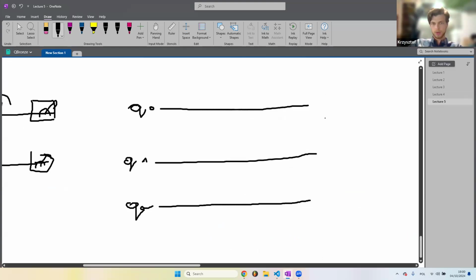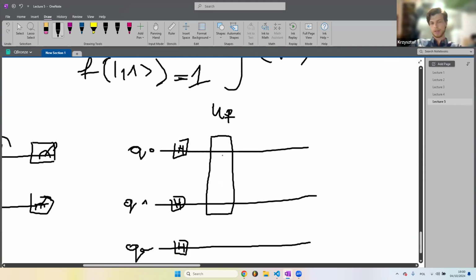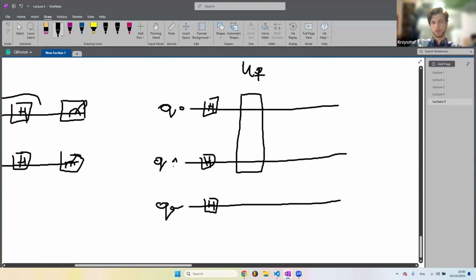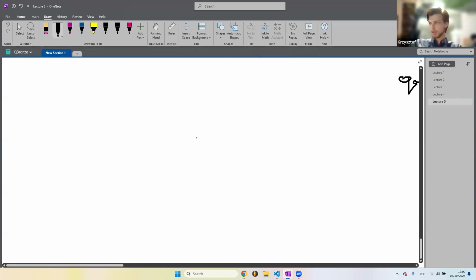Okay, so let me begin with Hadamards. And we apply our oracle UF. This will take some qubit, we don't know which state, and flip its sign. So let me try to now rewrite and see what this does.